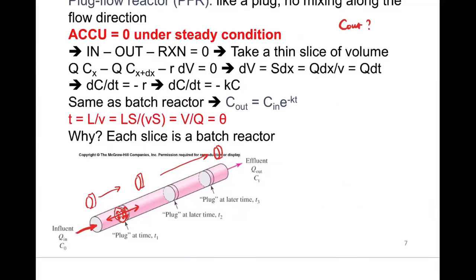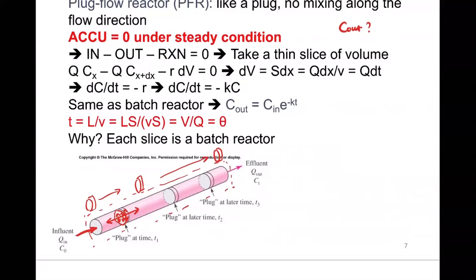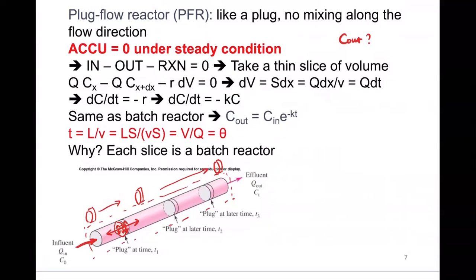I've done this for the CSTR, now for the PFR. What we can do again is identify the control volume. For the PFR, we also assume that it is under steady state. The steady state condition gives us the result that in minus out minus reaction is equal to 0.